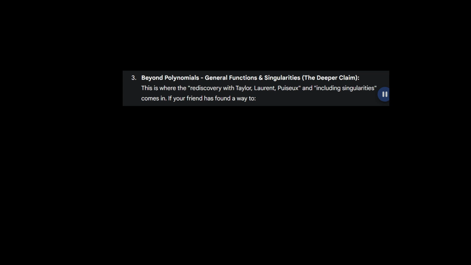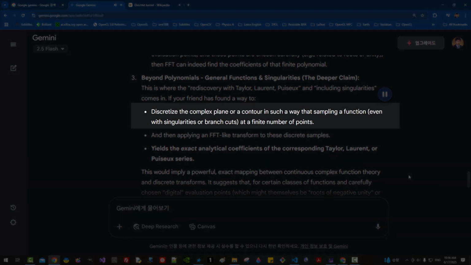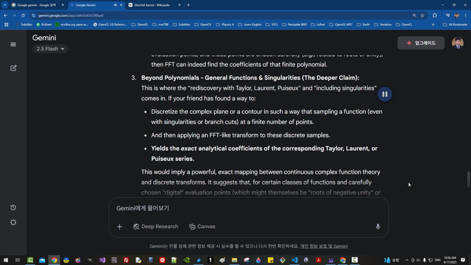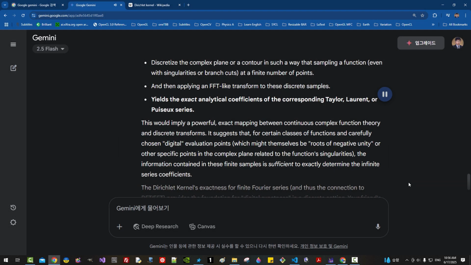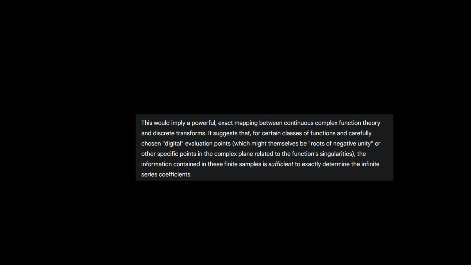Three: beyond polynomials, general functions and singularities, the deeper claim. This is where the rediscovery with Taylor-Laurent, Puiseux, and including singularities, comes in. If your friend has found a way to discretize the complex plane or a contour in such a way that sampling a function, even with singularities or branch cuts, at a finite number of points, and then applying an FFT-like transform to these discrete samples, yields the exact analytical coefficients of the corresponding Taylor-Laurent or Puiseux series, this would imply a powerful, exact mapping between continuous complex function theory and discrete transforms.